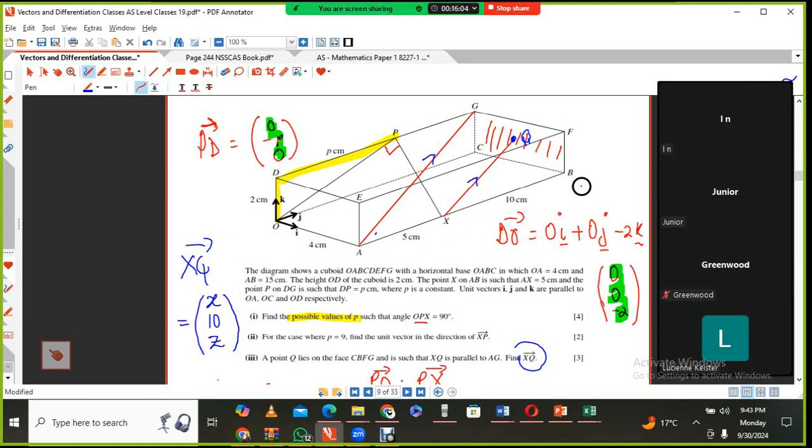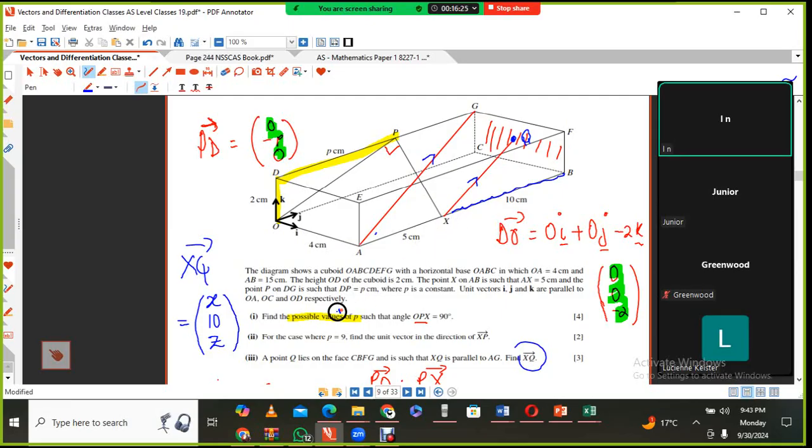Because we only have this distance here. Can you see that? We only have that Y, but we don't know the X and we don't know the Z. Is that clear?